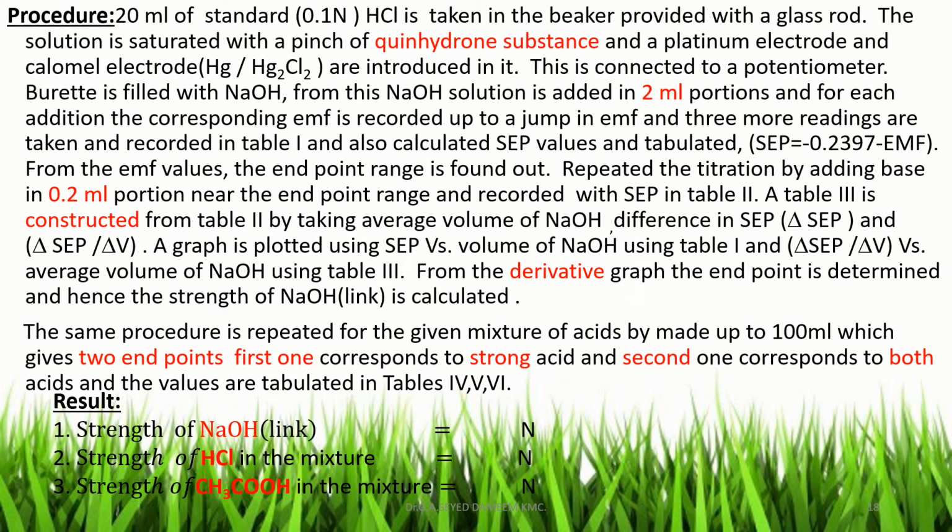For 2 ml additions of sodium hydroxide, the EMF values are noted in table 4, and 0.2 ml additions are recorded in table 5.